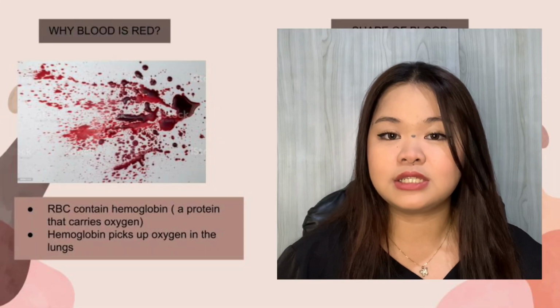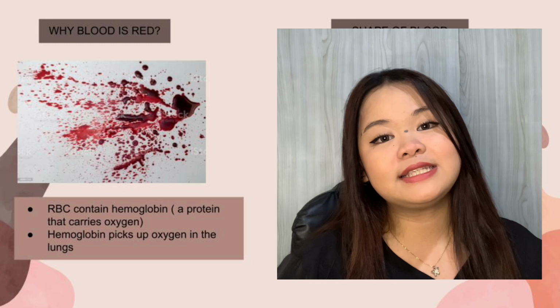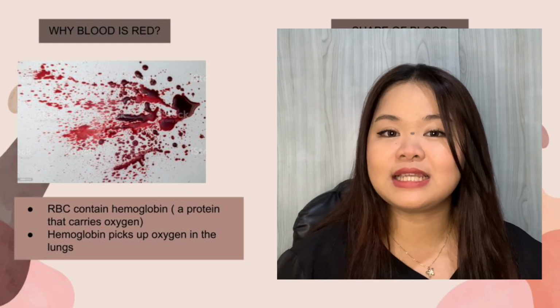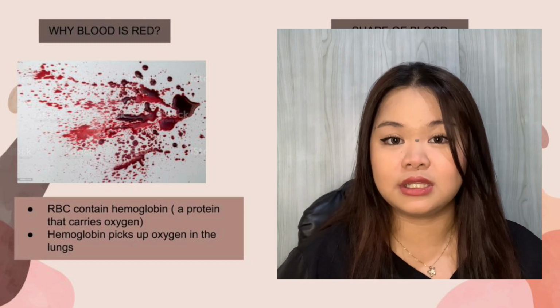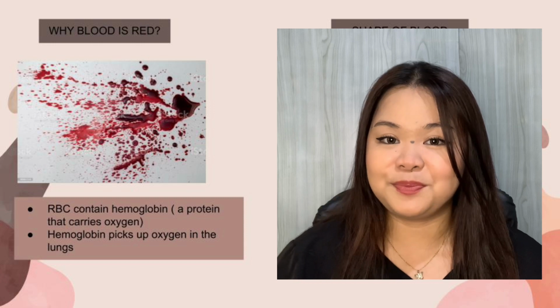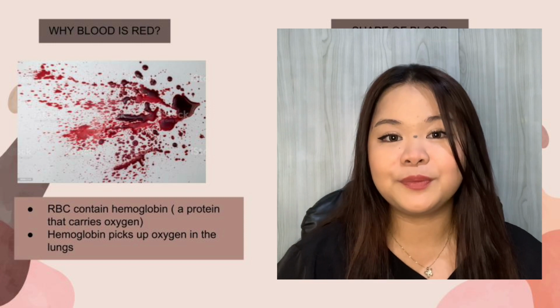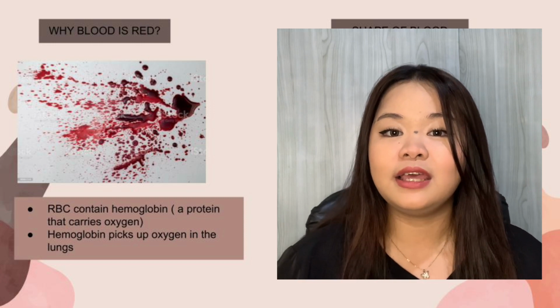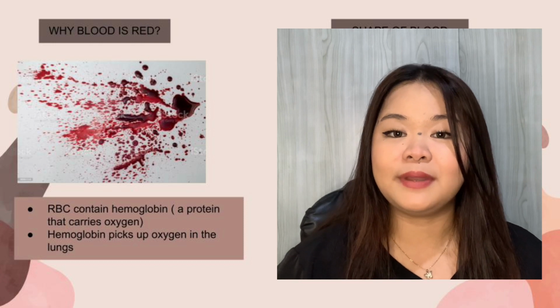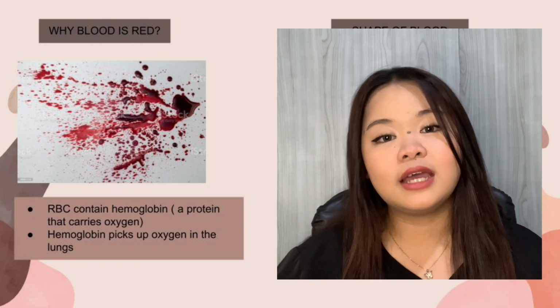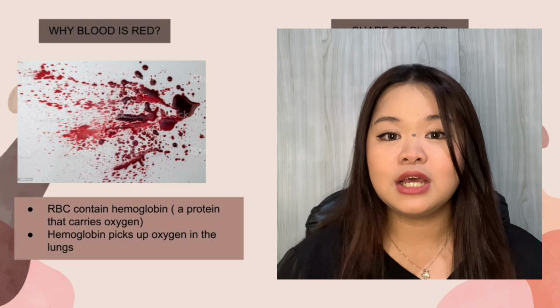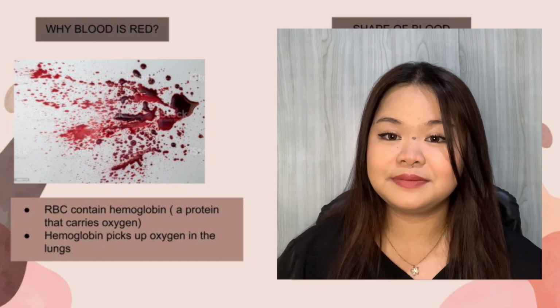Next, let's talk about why blood is red. Red blood cell, or known as RBC, contains hemoglobin, which is a protein that carries oxygen. Blood gets its bright red color when hemoglobin picks up oxygen in the lungs. As the blood travels through the body, the hemoglobin releases oxygen to the different body parts.